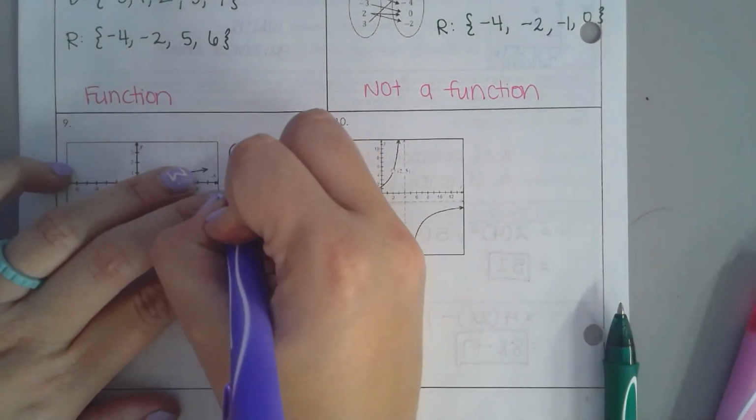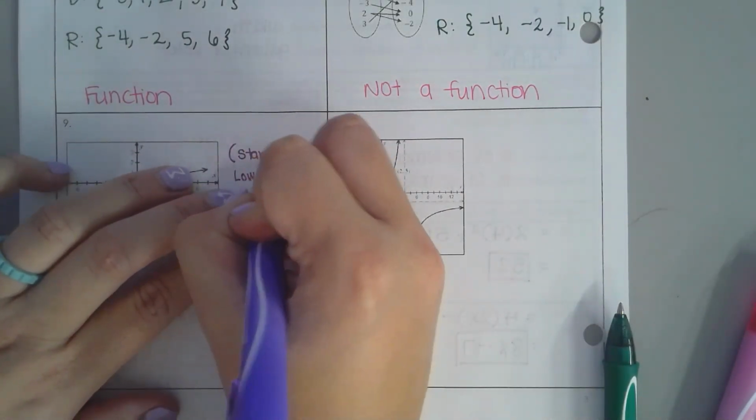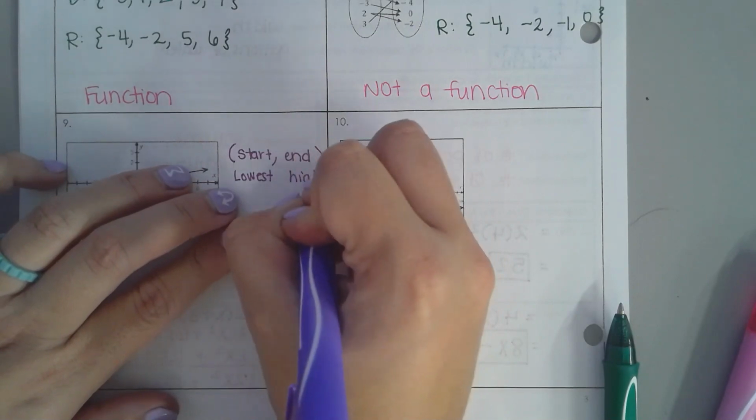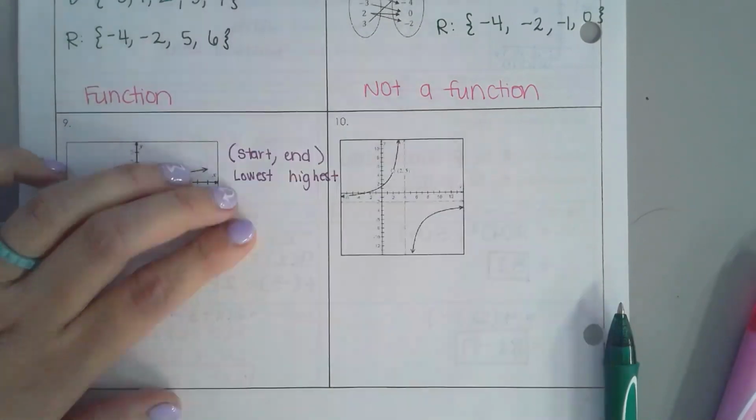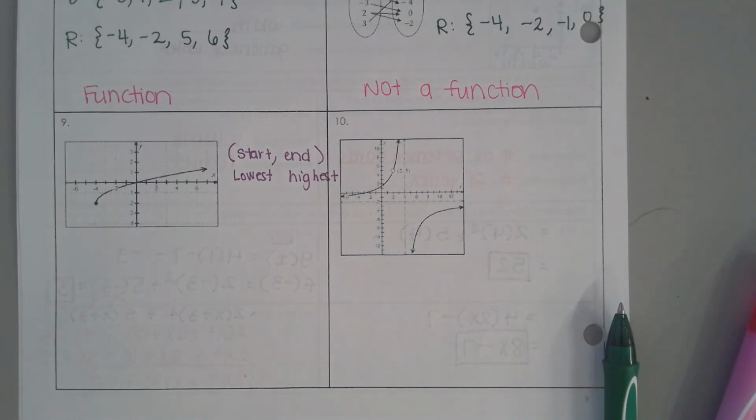We start with the lowest and we end with the highest number. So when we're doing domain and we're talking about our x's, x's run left to right. So we're going to go left, that's my lowest, to right, my highest. Range is bottom to top. The lower numbers are at the bottom, the higher numbers are at the top.